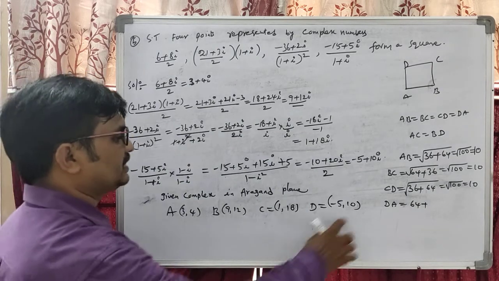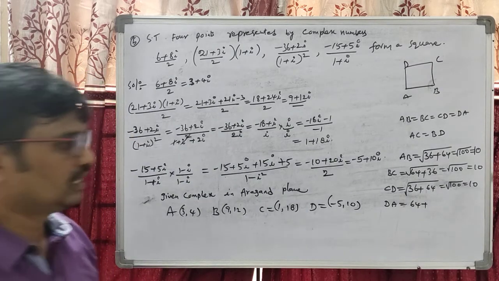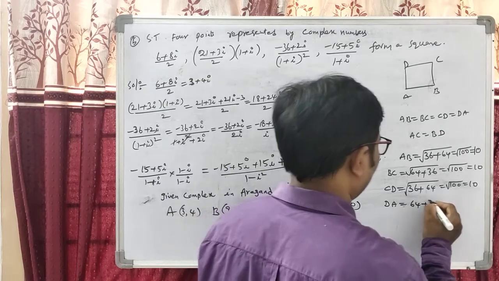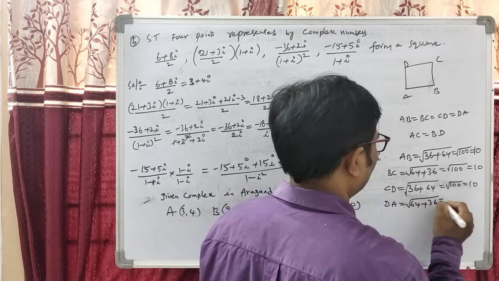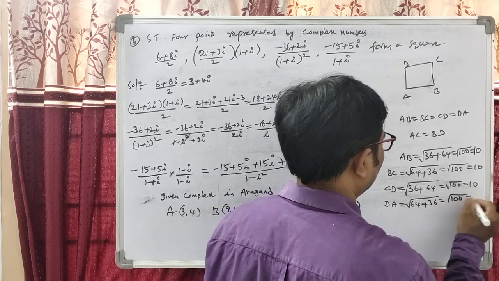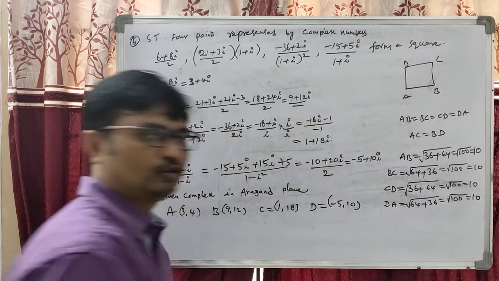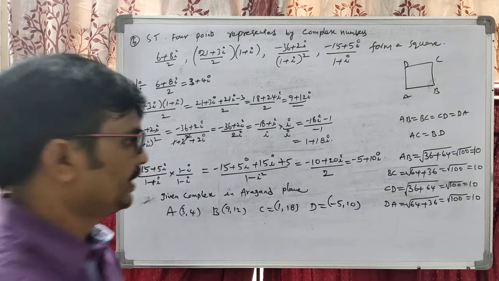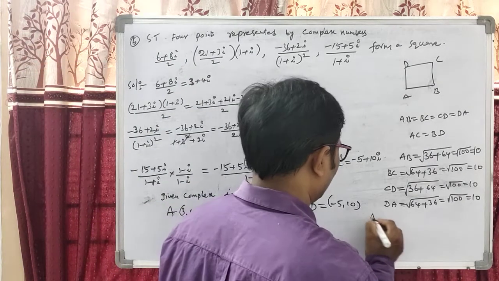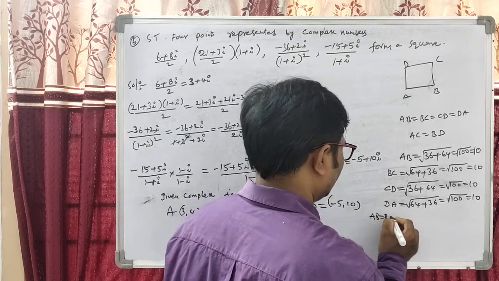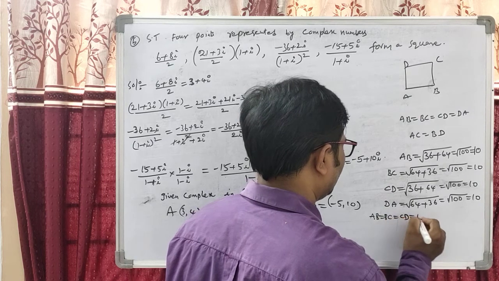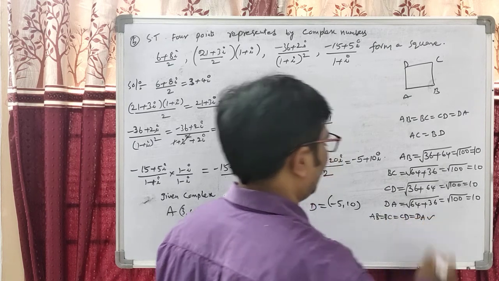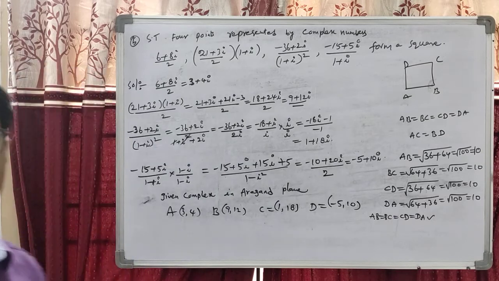Then 4 minus 10 is minus 6, minus 6 whole square is 36. That is root of 100, this is 10. AB equal to BC equal to CD equal to DA, all sides are equal. Okay students.